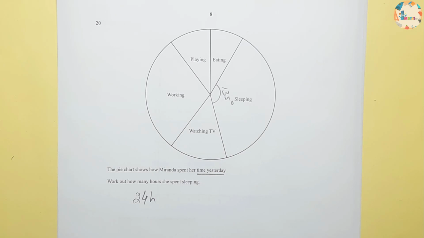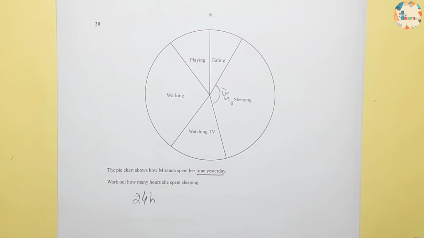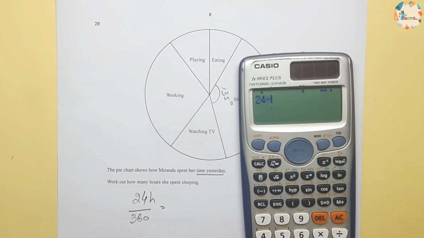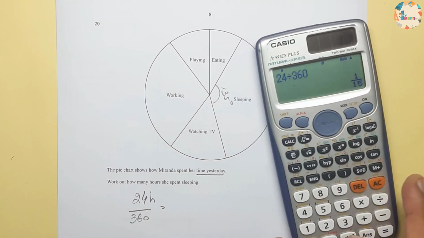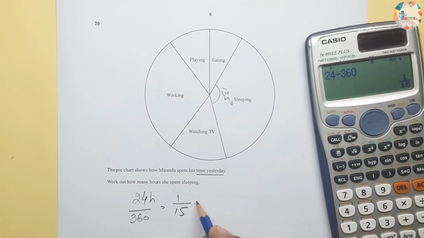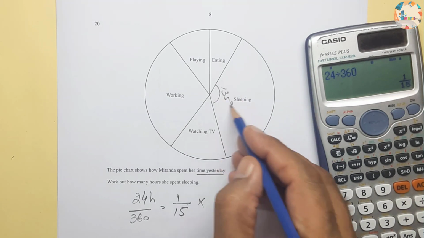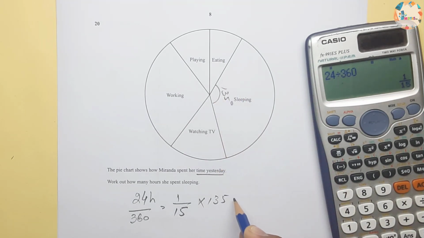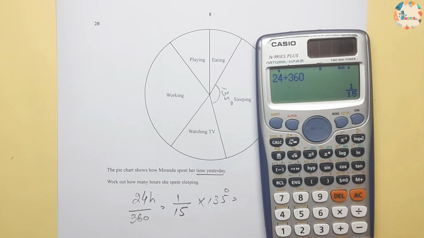So we can write 24 divided by 360. 24 divided by 360 will be equal to 1 over 15, and 1 over 15 multiplied by 135 degrees, this will be equal to how much?